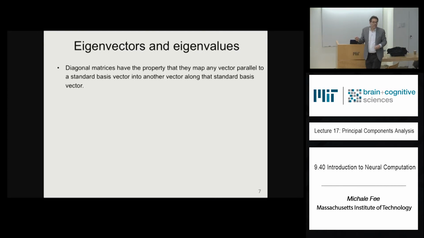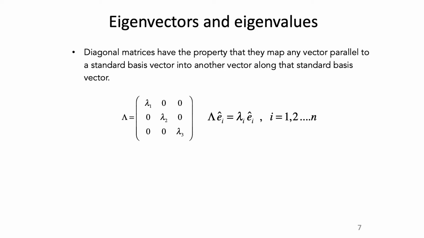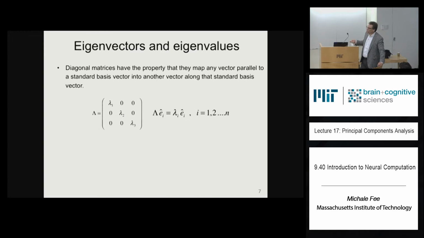So diagonal matrices have the property that they map any vector parallel to the standard basis into another vector along the standard basis. Now that is a general n-dimensional diagonal matrix with these lambdas, which are just scalar constants along the diagonal.